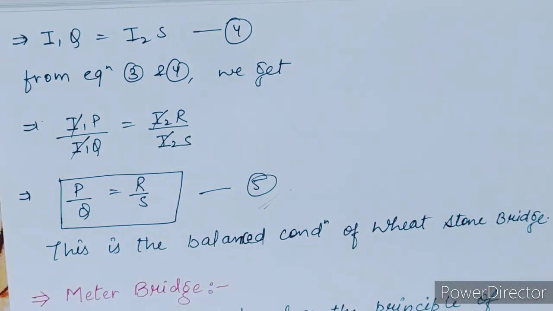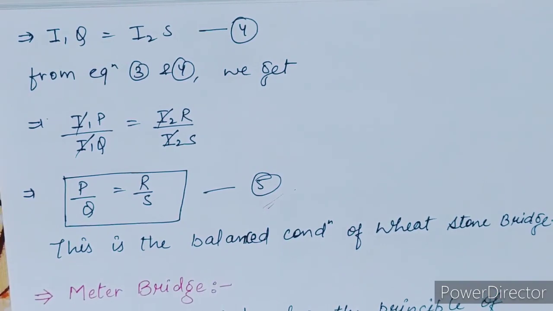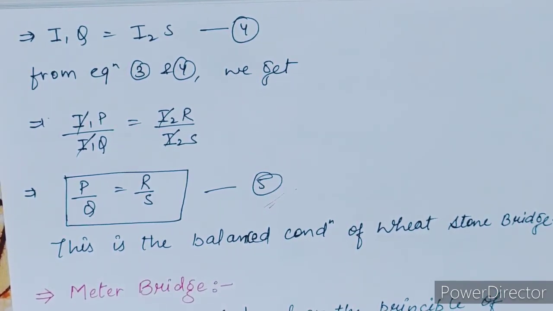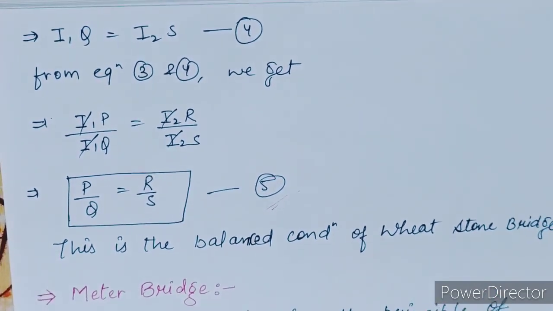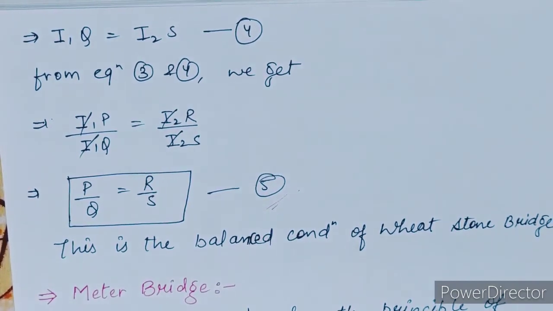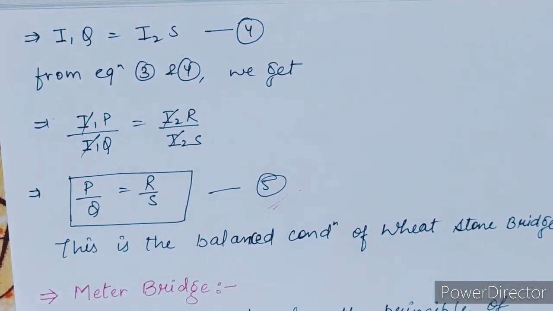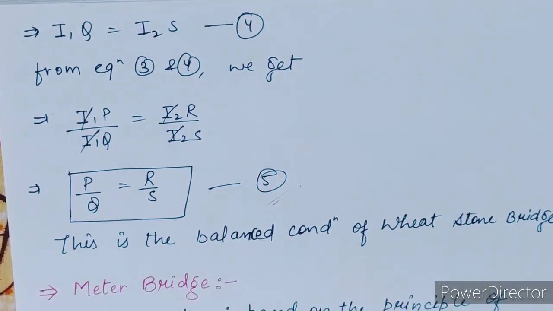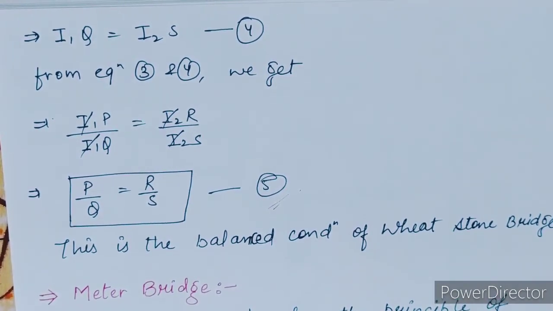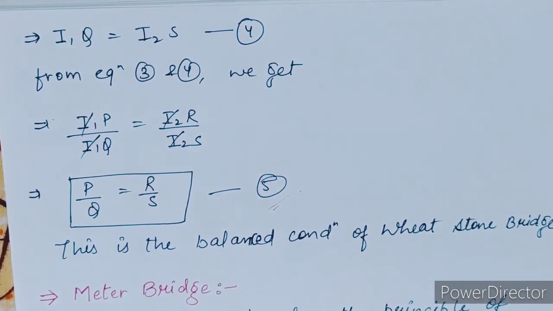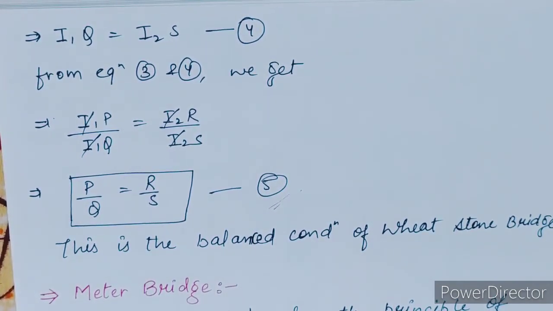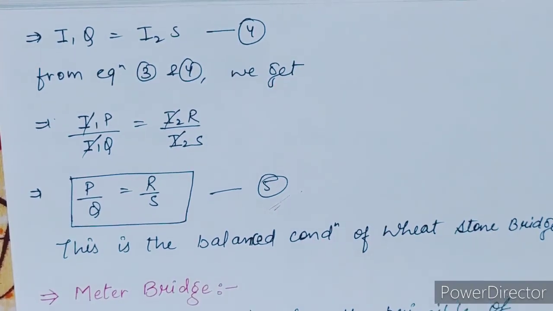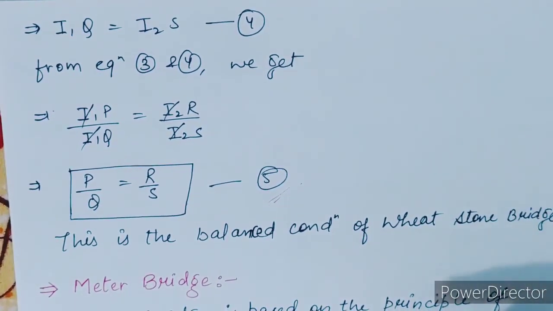So we have acquired the balance condition in both ways: first, by evaluating the potentials, and second, through KVL, Kirchhoff's voltage law. If in the exam the question asks you to solve for the unknown resistance in a Wheatstone bridge by Kirchhoff's voltage law, then apply the second method, otherwise the first method.